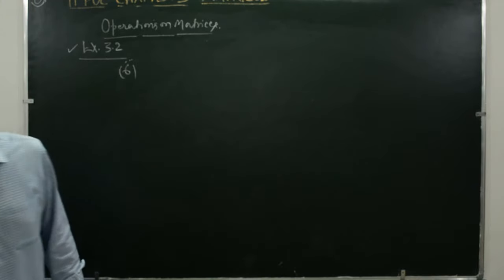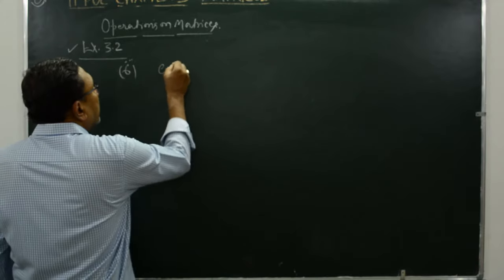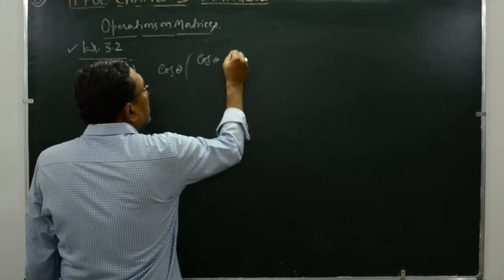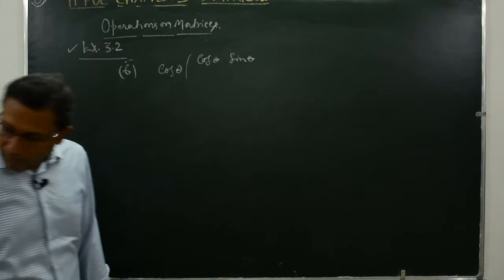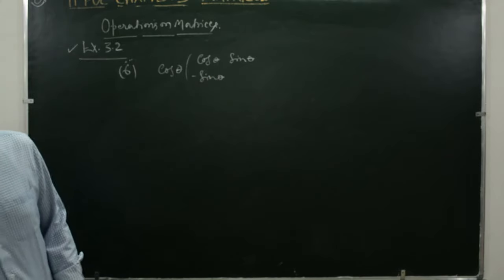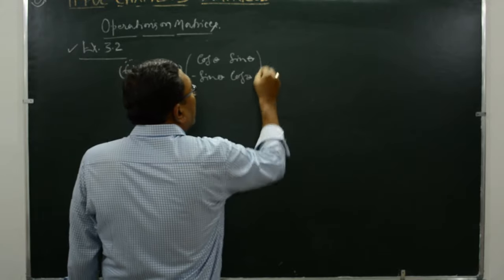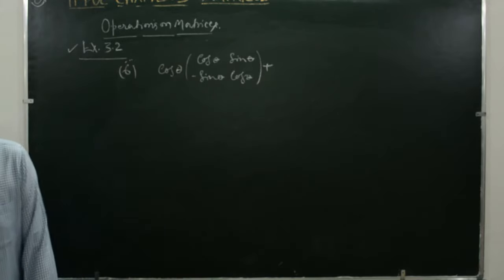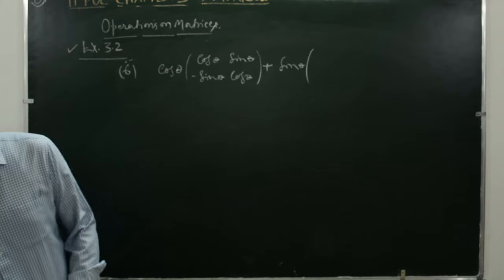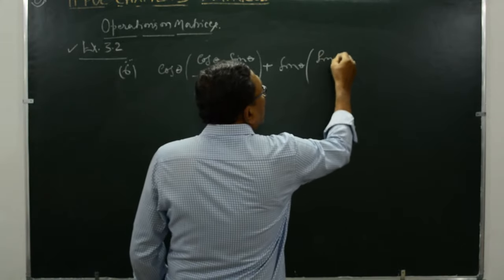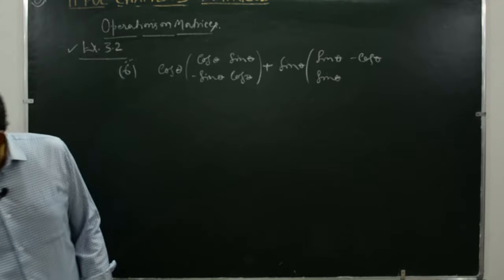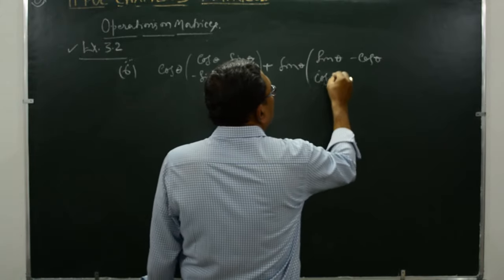We need to multiply it by a scalar quantity, which is cos theta, multiplied with [cos theta, sin theta; minus sin theta, cos theta], similar to a problem we have already done, plus, again there is a scalar quantity which is outside, sin theta, to be multiplied with [sin theta, minus cos theta; cos theta, sin theta].